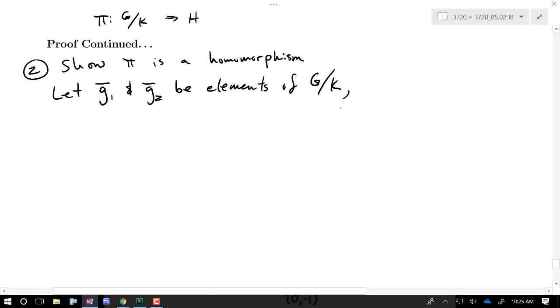Now we want to look at pi of G1 bar, G2 bar. What is it that I want to show at the end of this process? What is that homomorphism property?